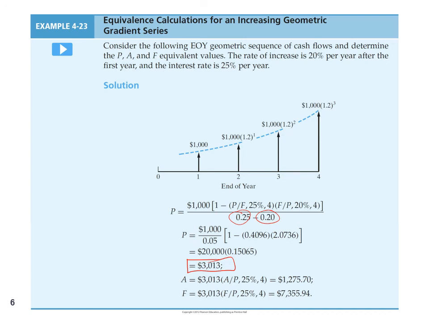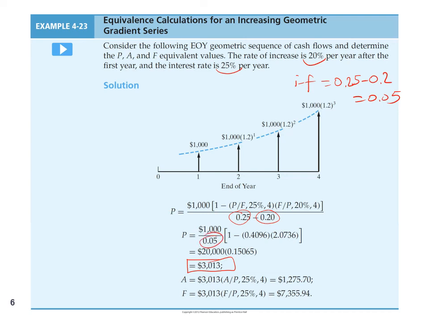You can ask this question. In this example, the interest rate was 25% and the rate of increase in the cash flows was 20%. So that I minus F value was equal to 0.25 minus 0.2, which is 0.05 that we used here.